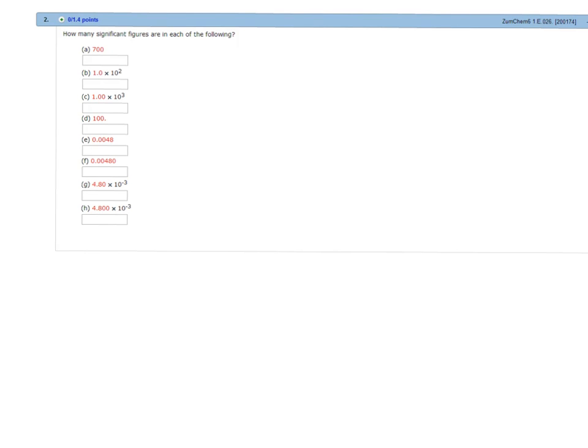HW2 Question 2. In this question, students, you'll notice that there are red numbers. The red numbers are randomized from one student to another, so that not everyone is going to be working on the exact same problem.